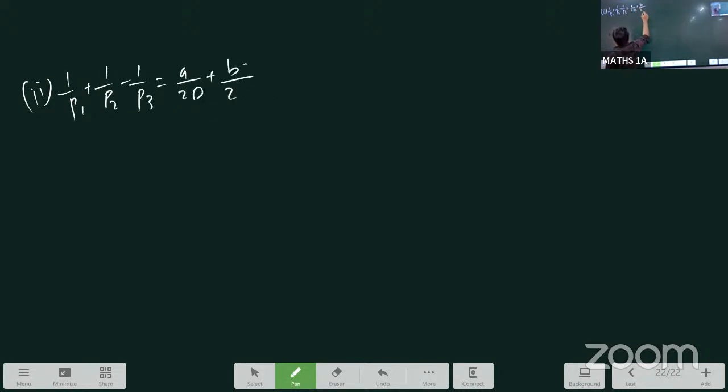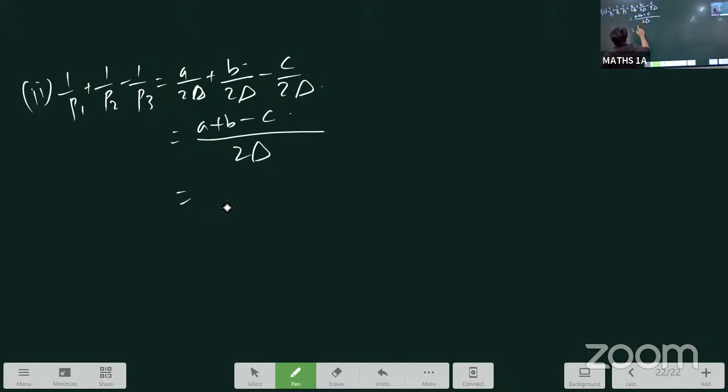Second bit. What it was? 1 by P1 plus 1 by P2 minus 1 by P3. That is A by 2 delta plus B by 2 delta minus C by 2 delta. The 2 delta is the same LCM, A plus B minus C. A plus B, can I write it as 2S minus C?